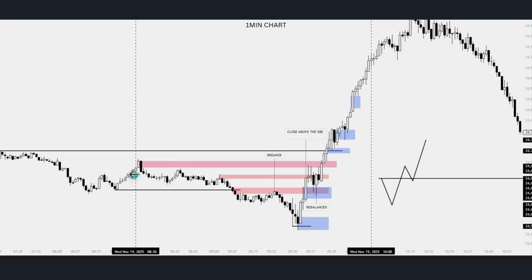What these are is the high inside the price range that was rebalanced. All these highs are the highs inside the price range that was rebalanced.